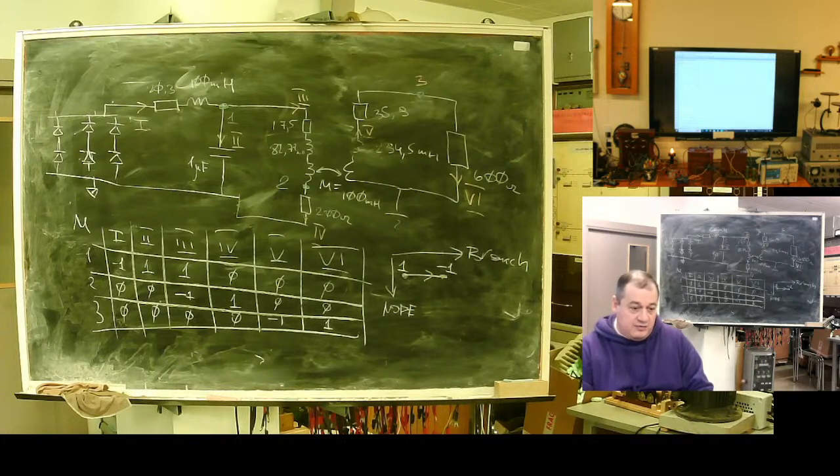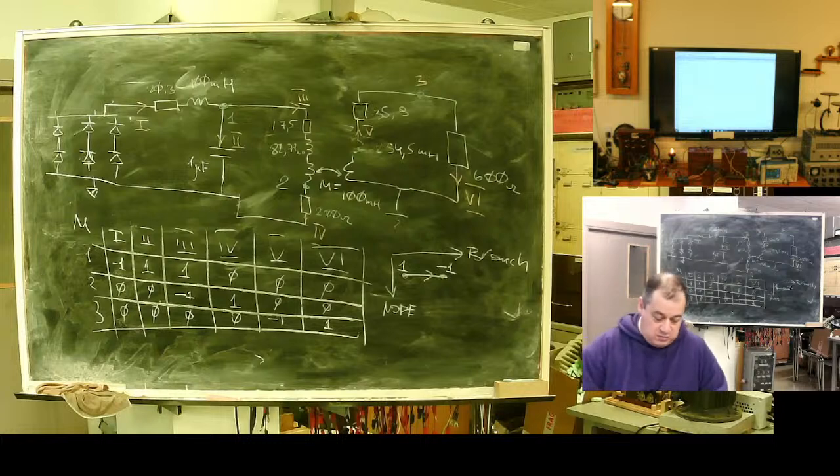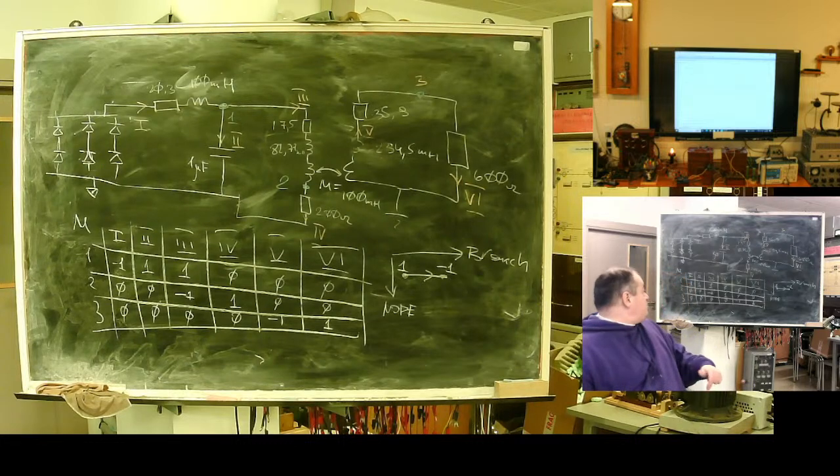So here, this way, I will need to put a complex and 0. Now it will be J omega. Why J omega? I will simplify my life.